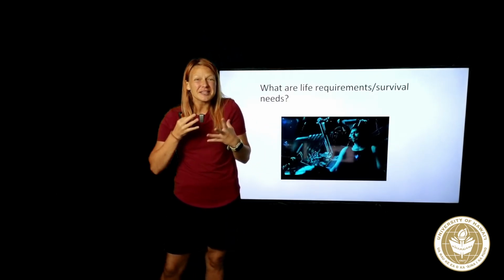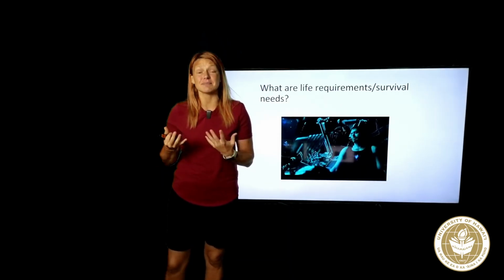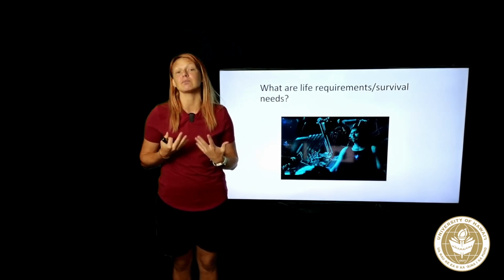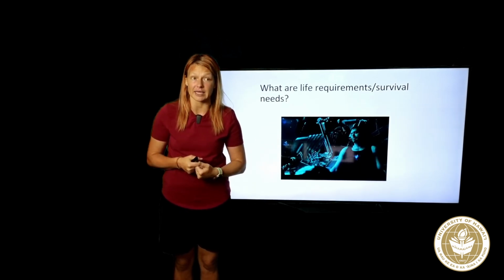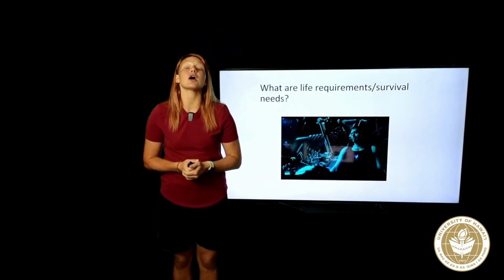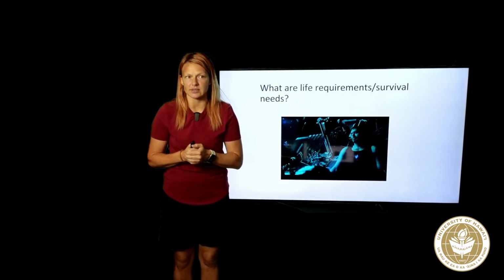Something we already talked a little bit about is digestion, right? Our bodies need to be able to break down the food we eat in order to get nutrients into the blood that's delivered throughout the body. We also have metabolism, right? That includes all the different chemical reactions that happen in our body cells.